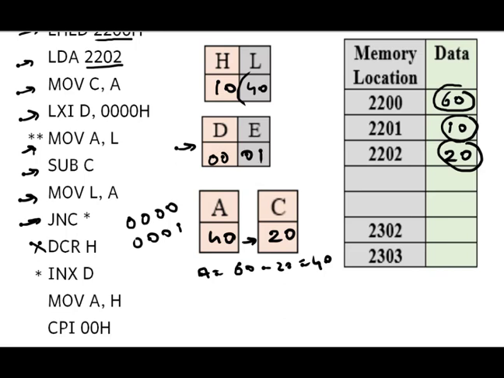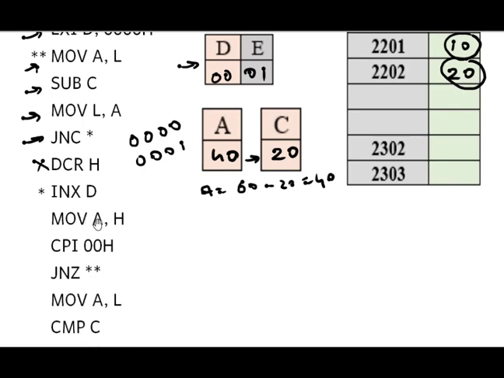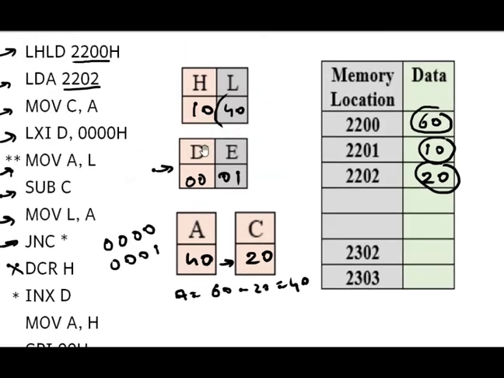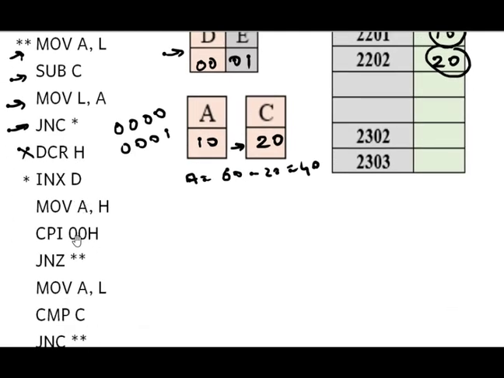Next instruction is MOV A, H. So we transfer the data from H to A, and this becomes 10. Then we compare whatever data is in A. Actually we have to compare H with 00, but because we cannot compare H directly, we put it in A and compare it with 00, CPI 00H.